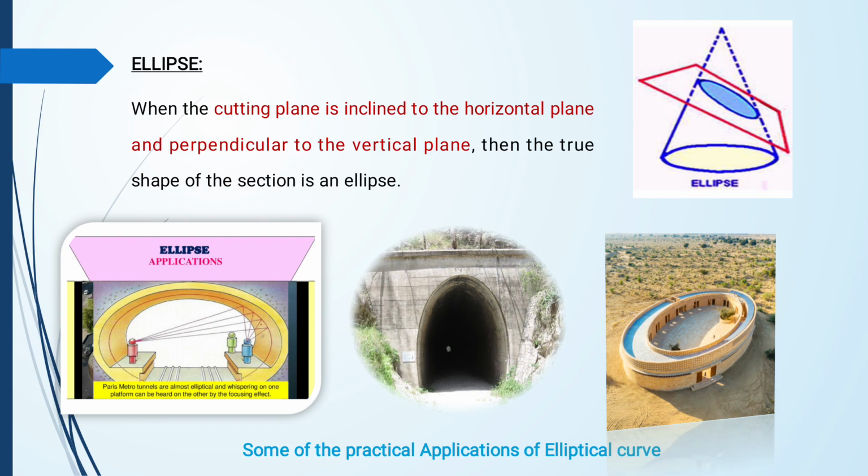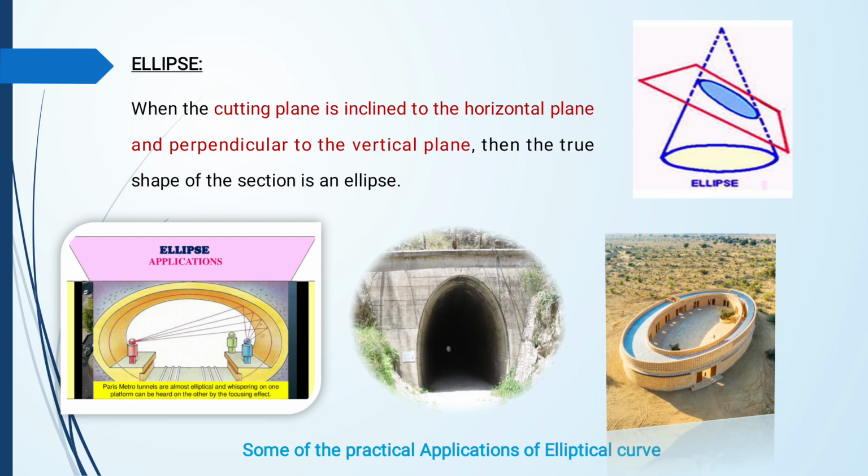Next, the parabolic curve. The cutting plane is inclined to the axis and is parallel to one of the generator lines. As I said already, the generating line is an imaginary line passing at each and every degree.